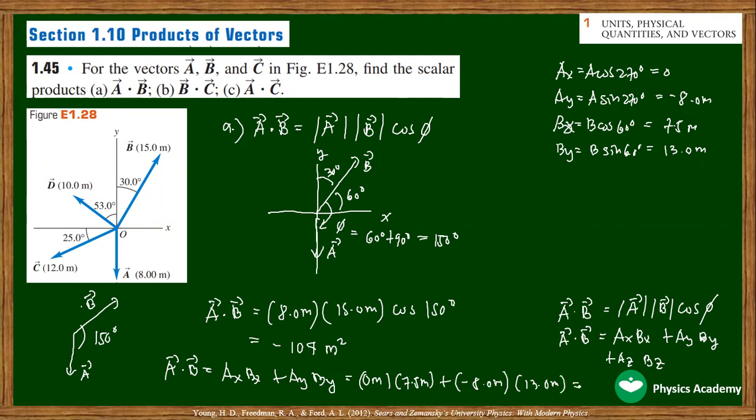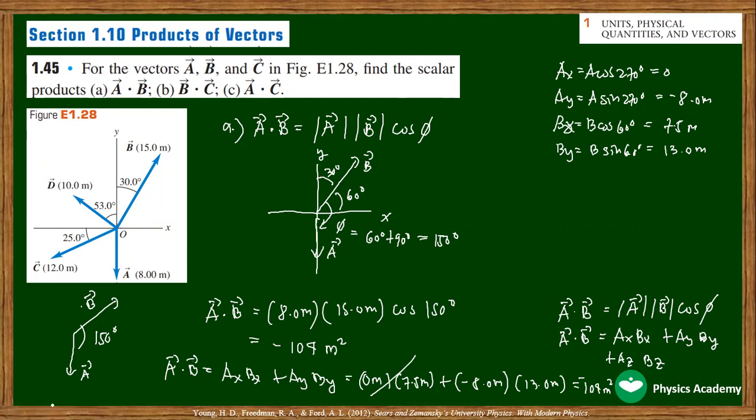This gives negative 104 meters squared, which is the same answer. So either you use this one or this one; it's up to you.